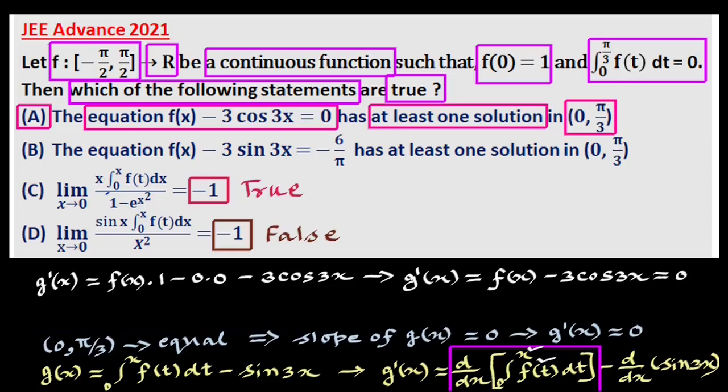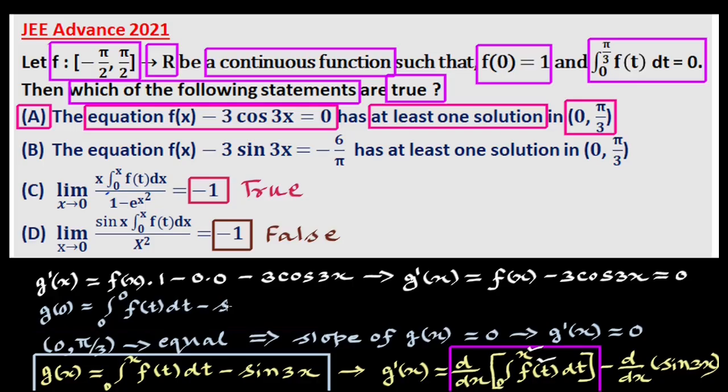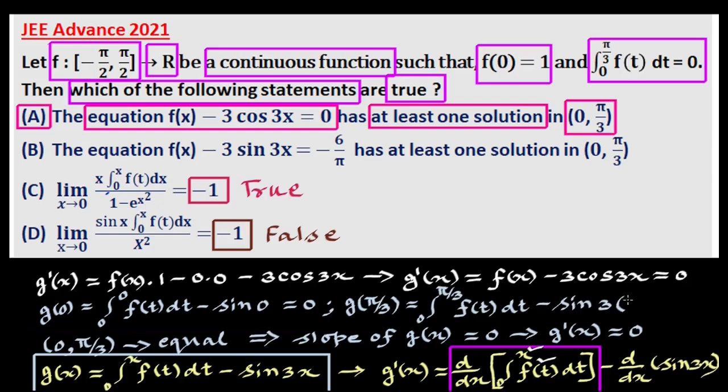Now for the applicability of Rolle's theorem, we will find g(0) and g(pi by 3) using this relation of g(x). So g(0) will be integral from 0 to 0 of f(t) dt minus sin 3 into 0, which will be 0, and g(pi by 3) will be integral from 0 to pi by 3 of f(t) dt minus sin 3 into pi by 3.